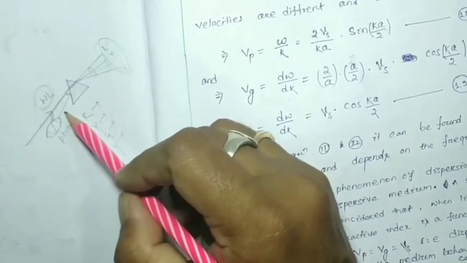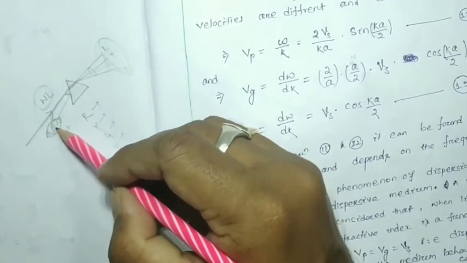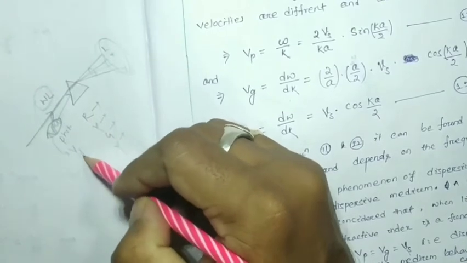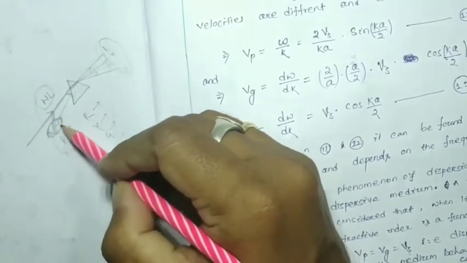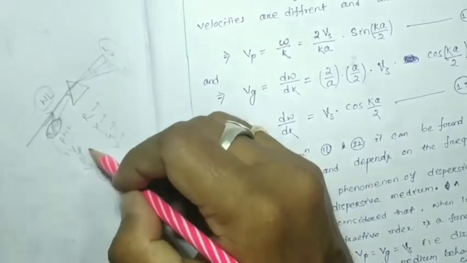That means the phase velocity will be equal to the group velocity.